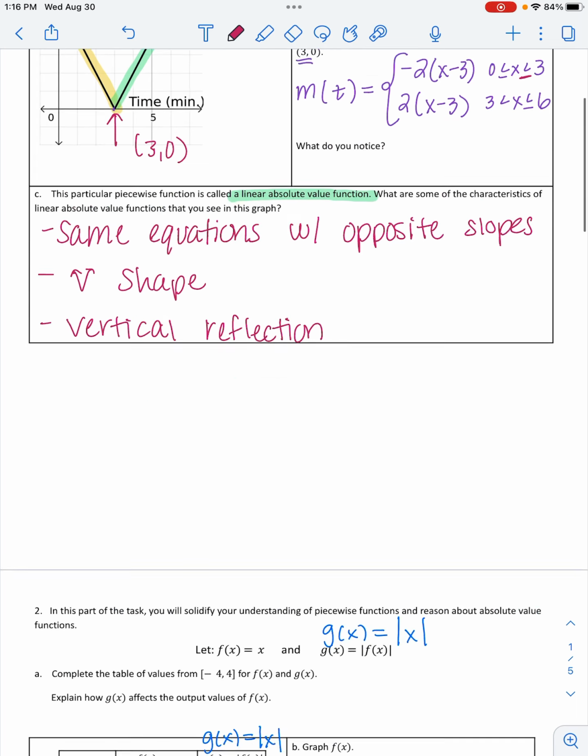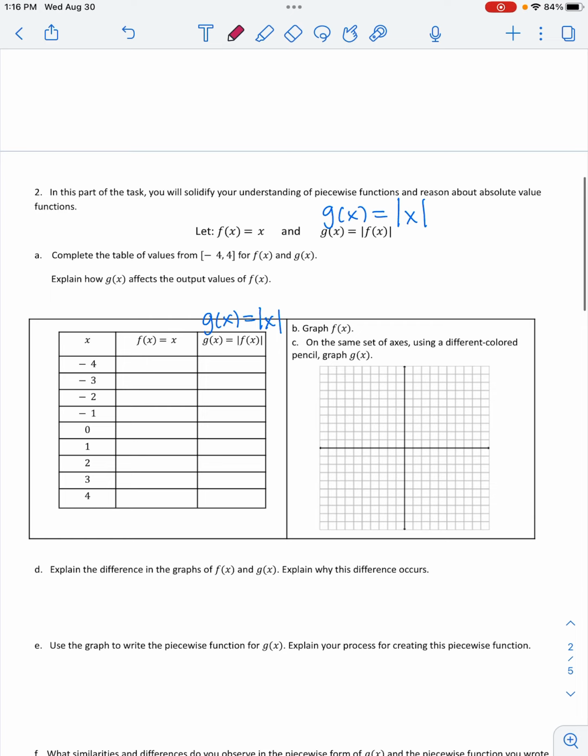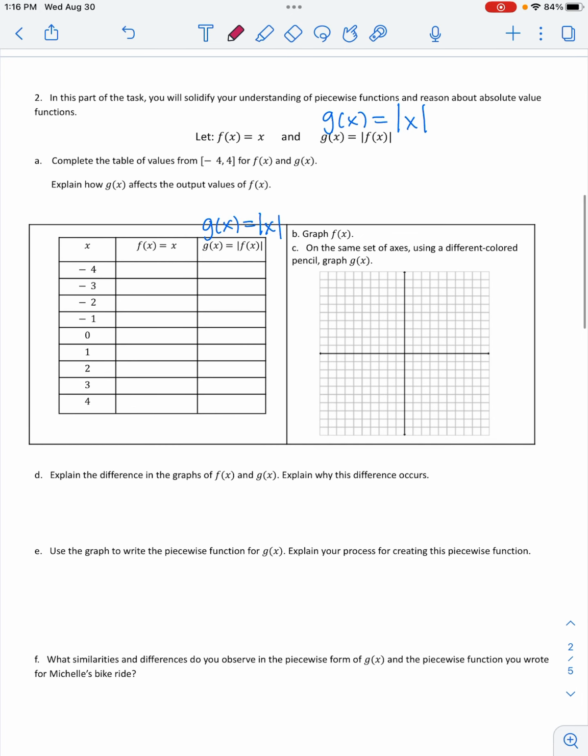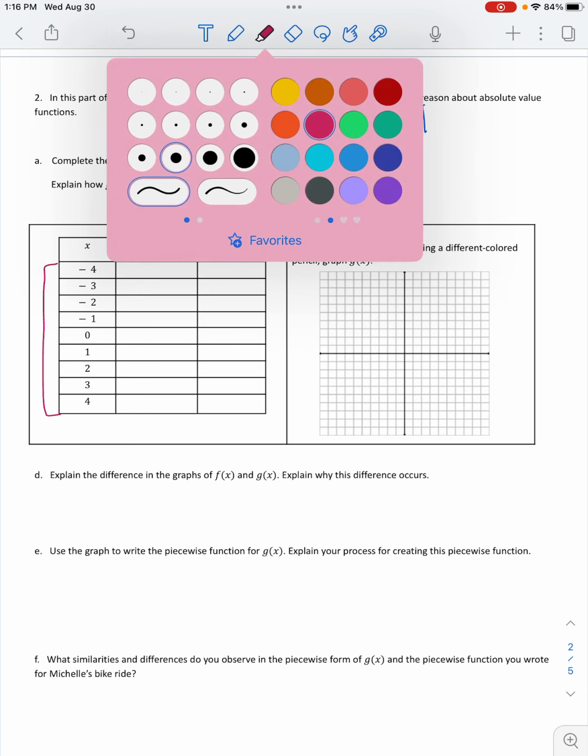Okay, so moving on to page 2. So this is the next part where I want you to try on your own. What you're going to do is graph 2 different things. The first thing you're going to graph is f of x equals x, down here. And the way that you're going to graph that is just using the points -4 to 4. Then you're going to graph a second piece.